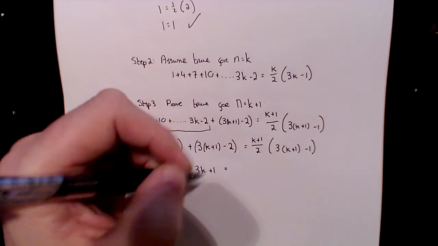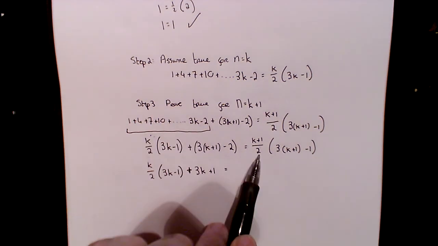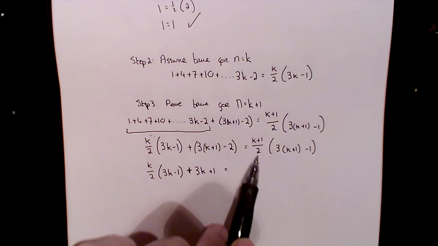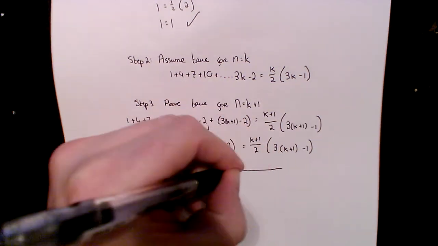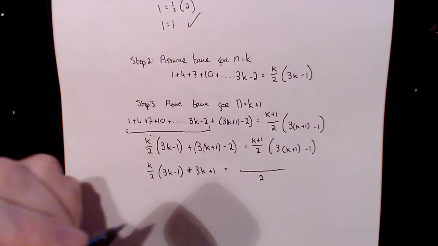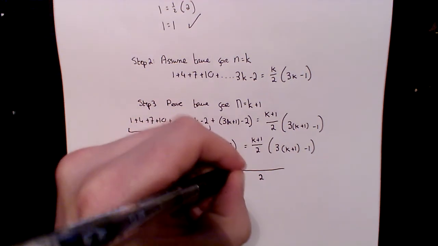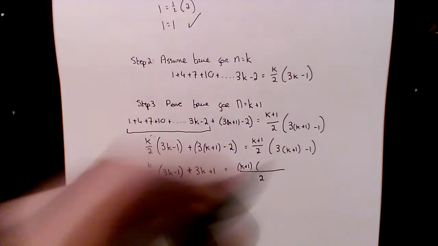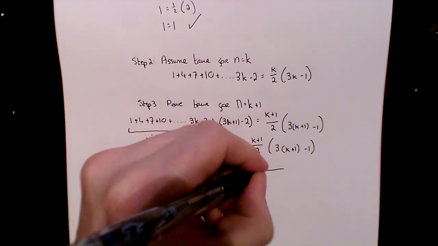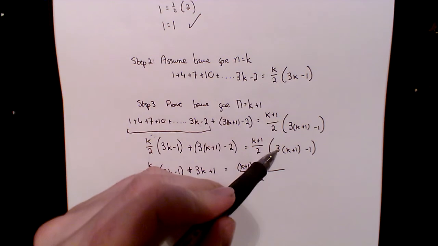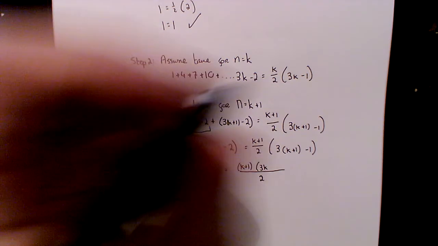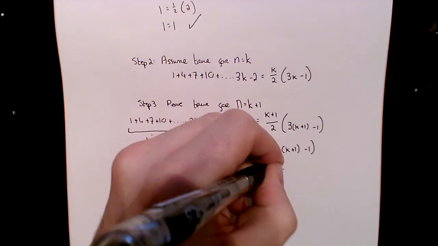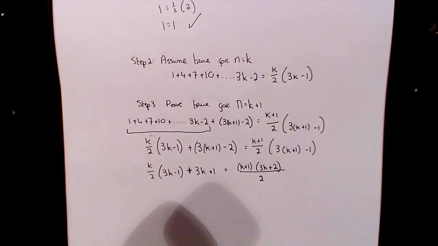And if I can tidy up this side, well, remember that trick I often use, if we have a fraction multiplied by a number, I can just put it all over the denominator. So we've k plus 1 on top, multiplied by, and I'm going to simplify this out, 3k is 3k, and 3 ones are 3, minus 1 is plus 2.